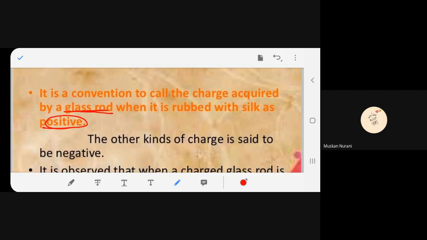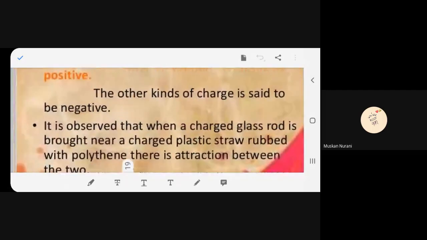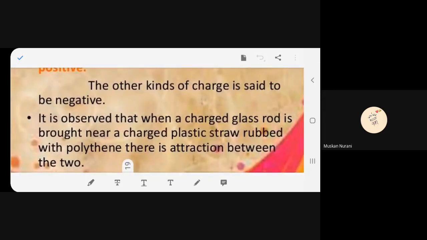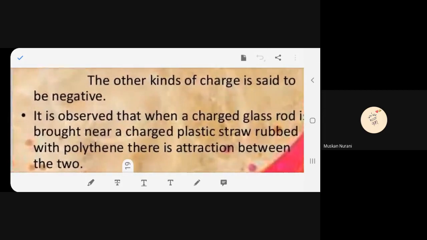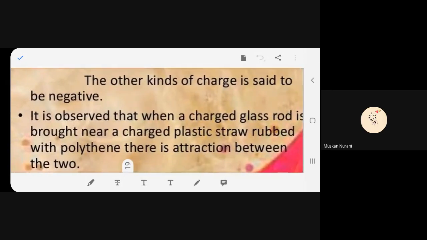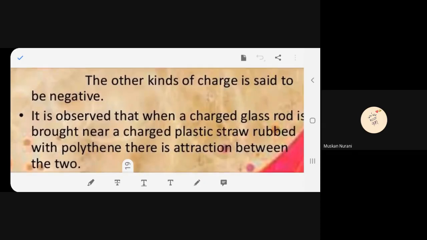Yes, ma'am. Okay. Next. The other kind of charge is said to be negative. It is observed that when a charged glass rod is brought near a charged plastic straw rubbed with polythene, there is attraction between the two.